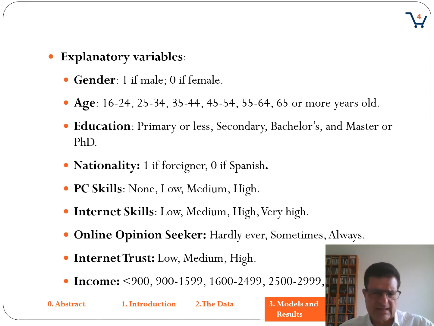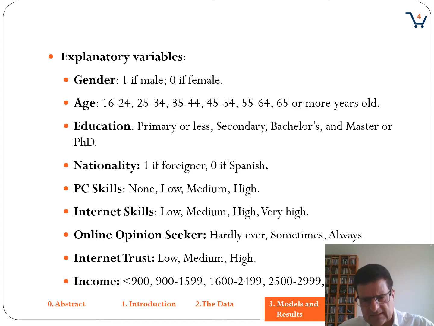PC skills has 4 categories: none, low, medium, and high. And then internet skills is a different variable that measures how well a person can work with the internet in general, and in particular with specific internet tools.